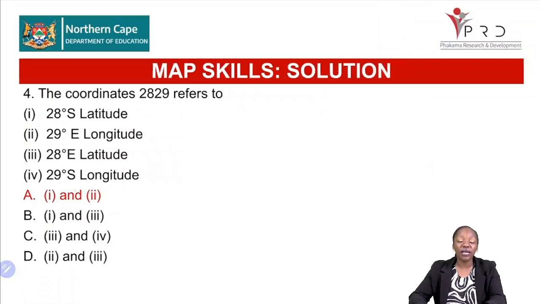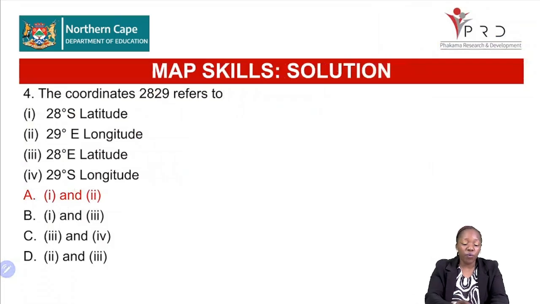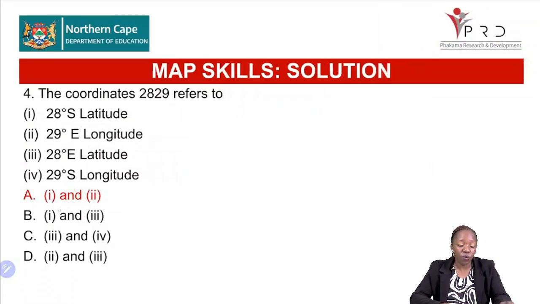In South Africa, east direction is a longitude. So we have 28, which is the latitude, and 29, which is the longitude. The correct answer there is A, with the combination of Roman figure 1 as well as Roman figure 2.